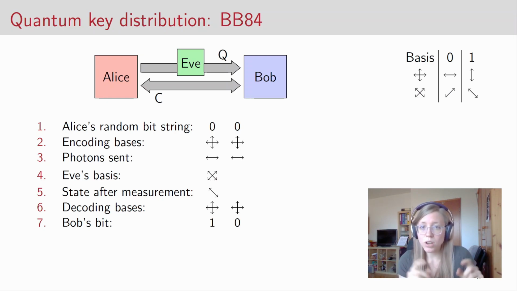Still, Eve might have some knowledge about it, but at least the bit strings they have are equal. And then the information reconciliation process minimizes the knowledge that Eve has about this bit string, so that in the end, Alice and Bob share the same random bit string that Eve has no knowledge about, so they can safely use it in the one-time pad encryption scheme, for example. And indeed, for this BB84 protocol, there exists a security proof. So this is a protocol that provably gives secure keys.